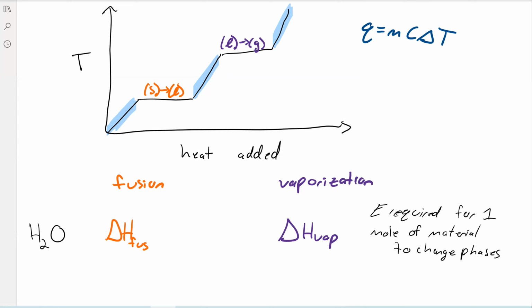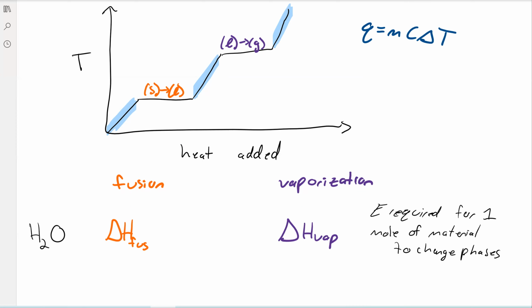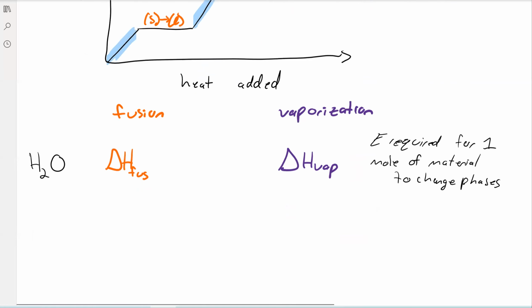And so you can see that's kind of similar to our Q equals mC delta T. Here, obviously, we're not changing temperature, so we wouldn't have a delta T, but instead what we have is a change in phase. Here we have this C that was specific for every material. Here we're going to have a delta H of fusion and vaporization that's different for every material. Here we were talking in terms of mass, but here instead we're going to be talking in terms of moles. But of course, we can easily convert one to the other.